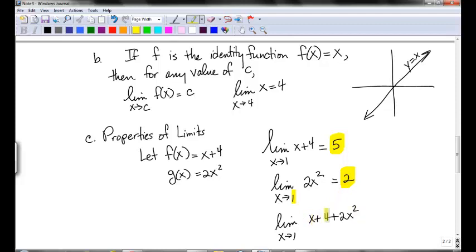So if I add these together, what would you guess? You're still approaching 1. 7, because you're adding them together. I'm adding x plus 4 plus 2x squared.